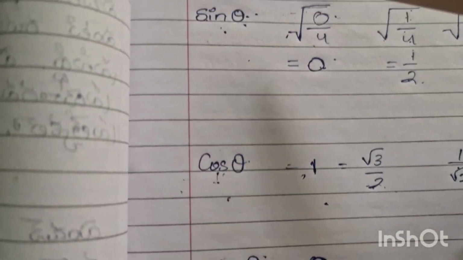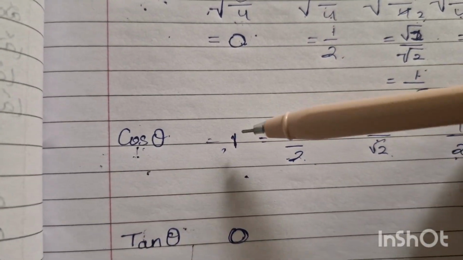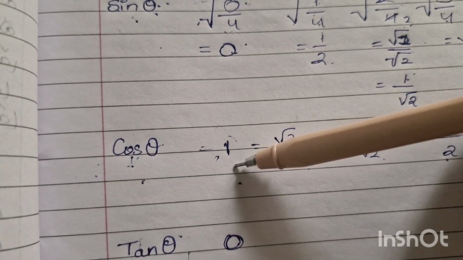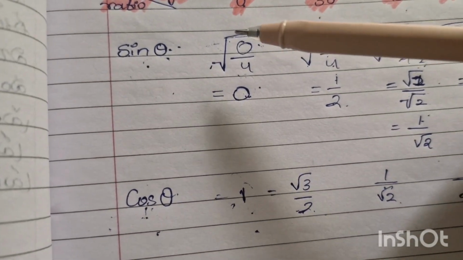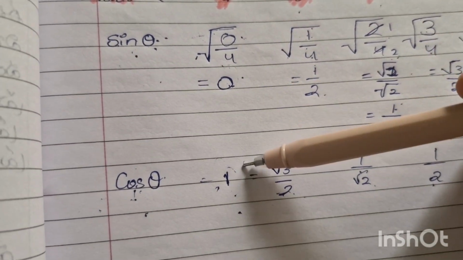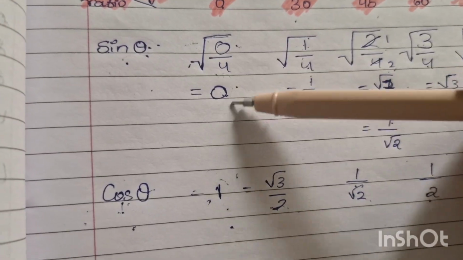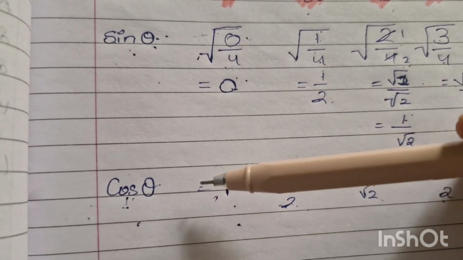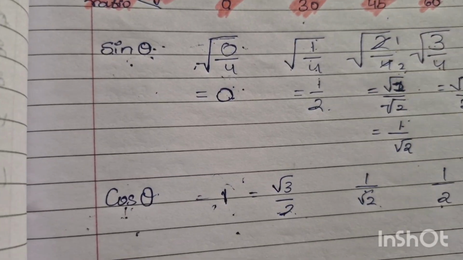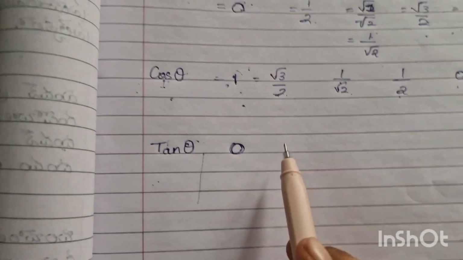So tan 0 is equal to sin 0 by cos 0. The value of sin 0 is 0 and cos 0 is 1. So 0 by 1 is nothing but 0. So tan 0 is equal to 0.